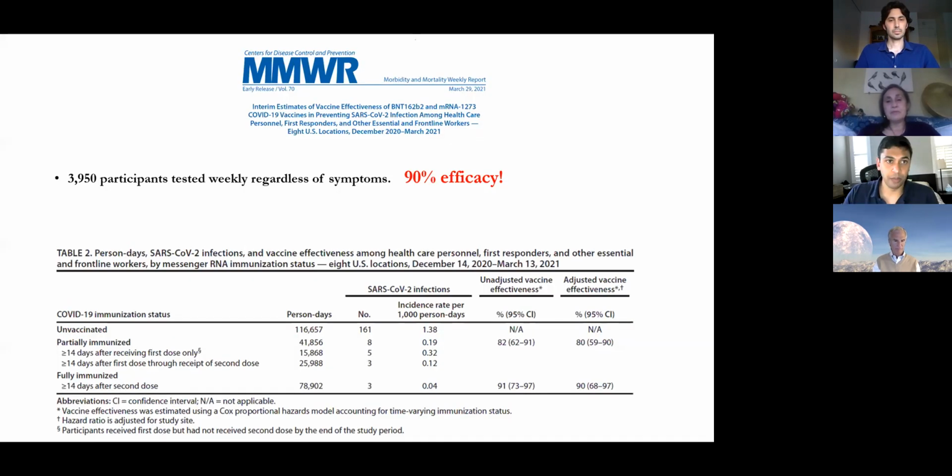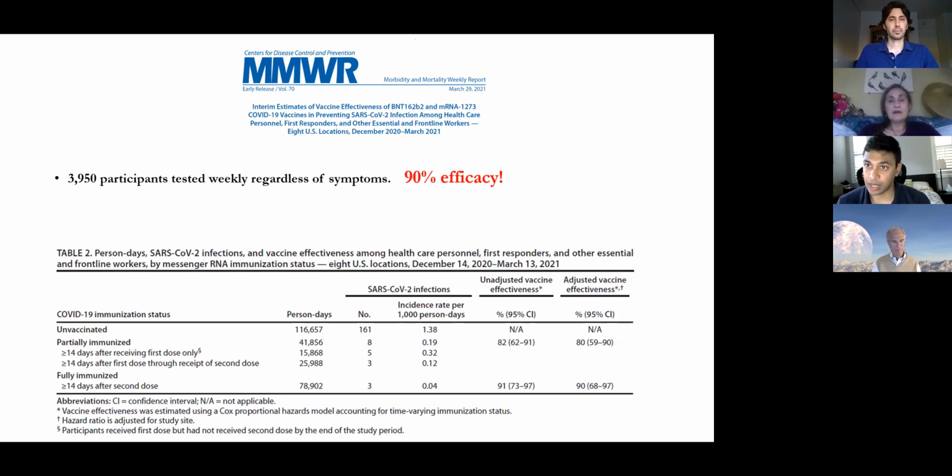To illustrate that point, there's this study that was recently published in a journal called MMWR, which is the CDC's main journal. And they carried out this study called the HEROES trial, which followed healthcare workers, so people who are consistently exposed to COVID-19. And they tested them weekly, regardless of whether or not they had symptoms.